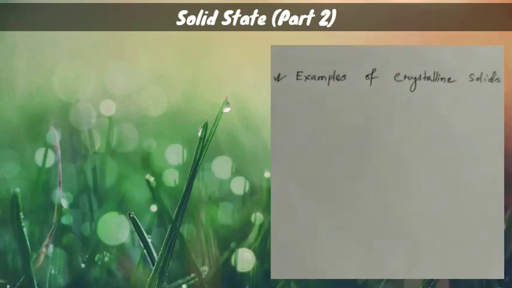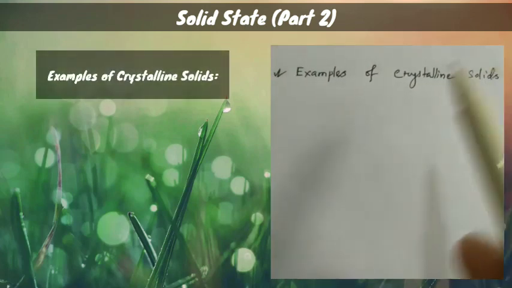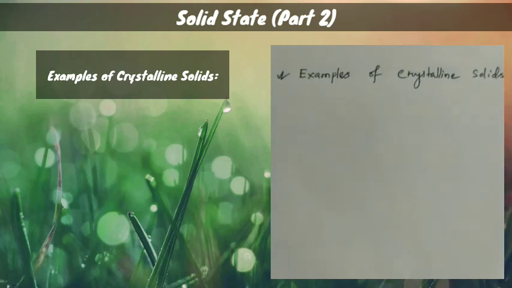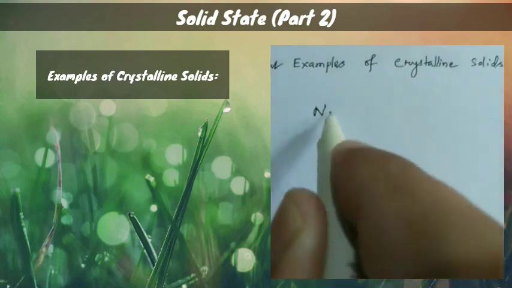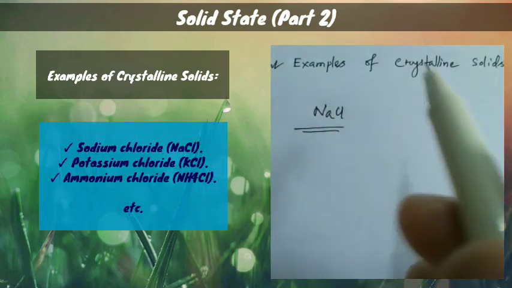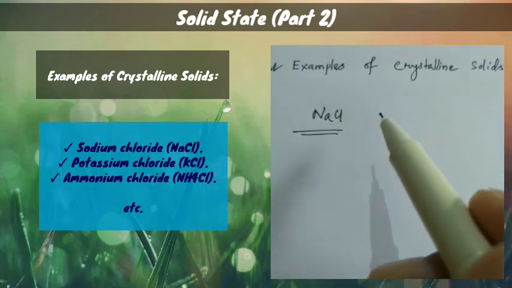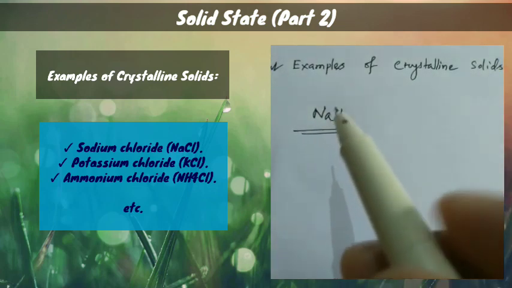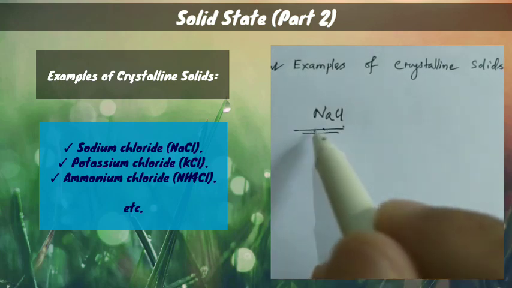We use many crystalline solids in our daily life, like salt, which is a crystal. Salt is sodium chloride, and sodium chloride exhibits crystalline nature. The constituent particles here are sodium and chlorine.